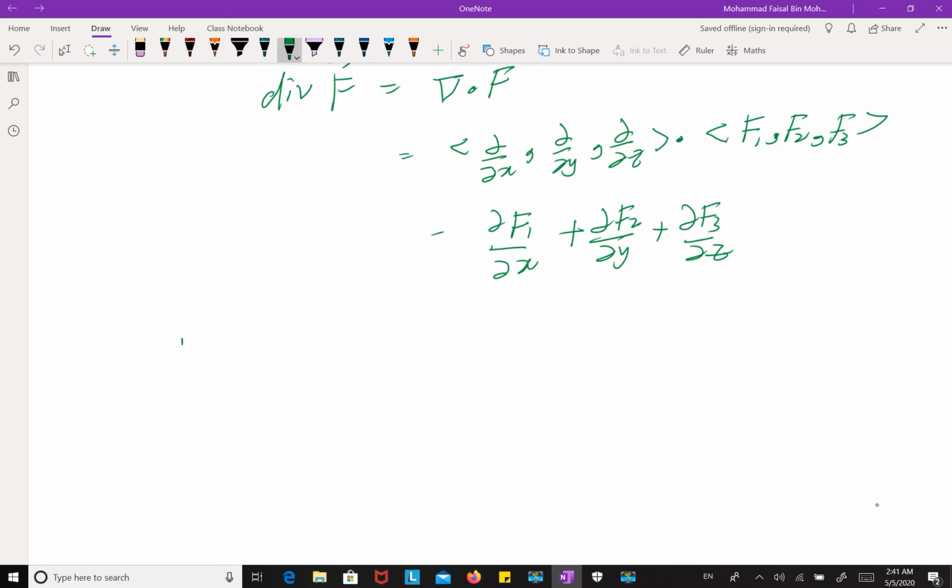So if the divergence is more than 0, the region of space generates the particles. If the divergence is less than 0, the region of space absorbs the particles.